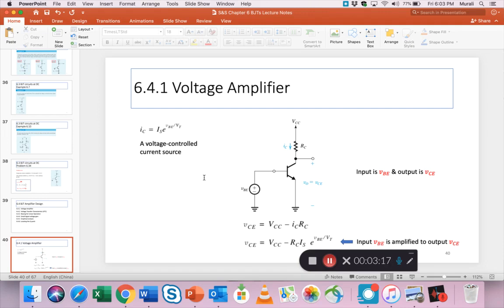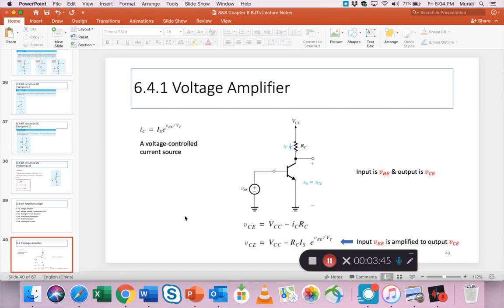So why do we have to understand the BJT as a voltage amplifier and not just any amplifier? Well, we've already been introduced to this formula on the top left, where the collector current IC is proportional to this VBE, which is in the base circuit.